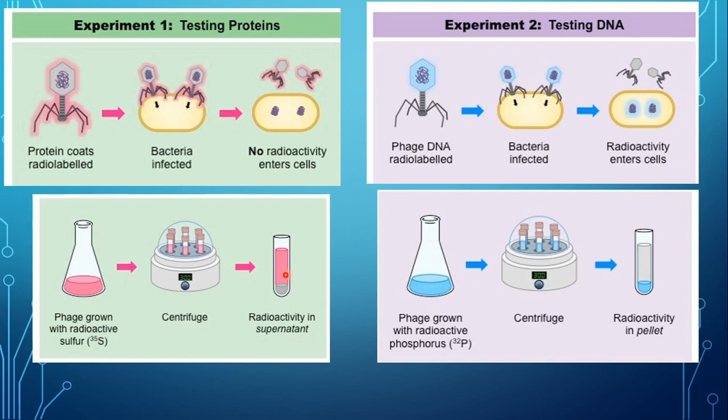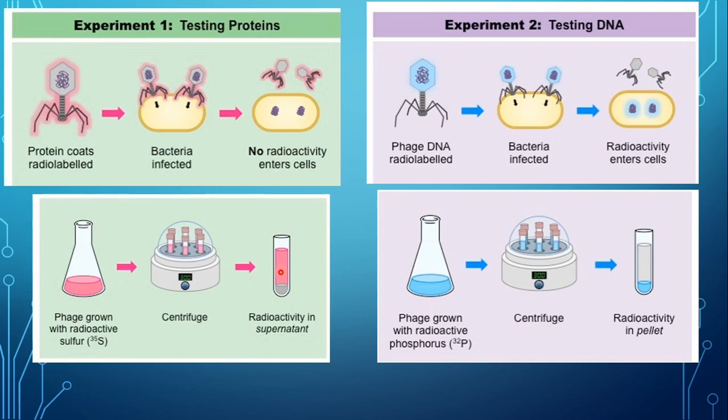When it was centrifuged and taken out of the centrifuge tubes, the supernatant showed radioactivity, but the pellet did not. The pellet has the bacterial cells, the supernatant does not have bacterial cells. So the portion which does not have the bacterial cell is emitting radioactivity, which means the sulfur is left behind.